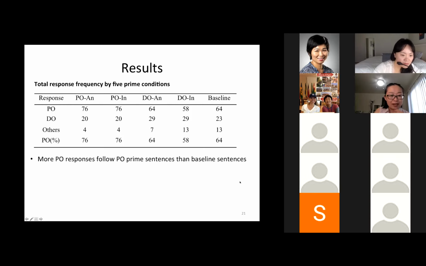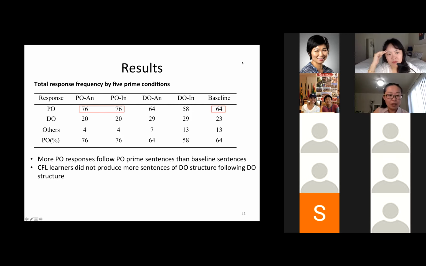The first finding is that more PO responses follow PO prime sentences than baseline sentences. The second finding is that learners did not produce more sentences of DO structure following DO sentences.